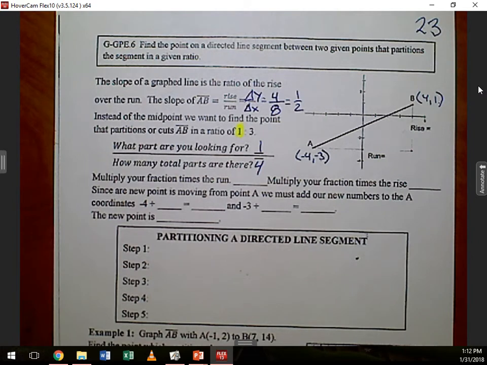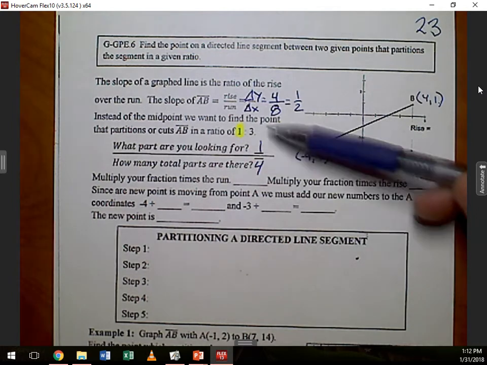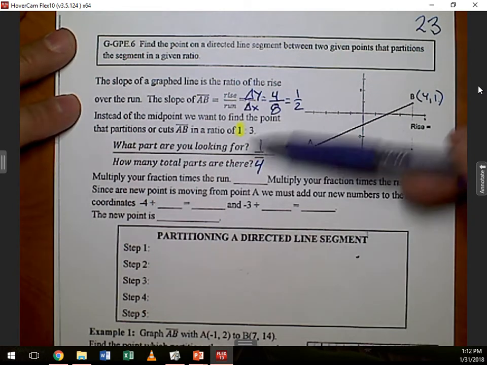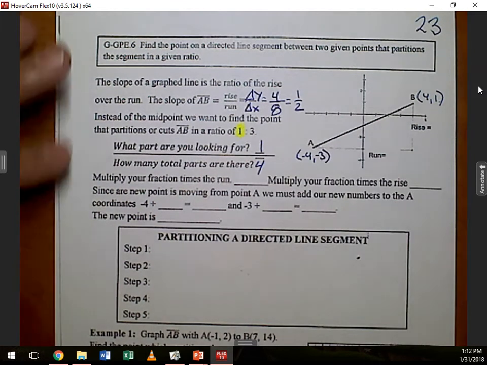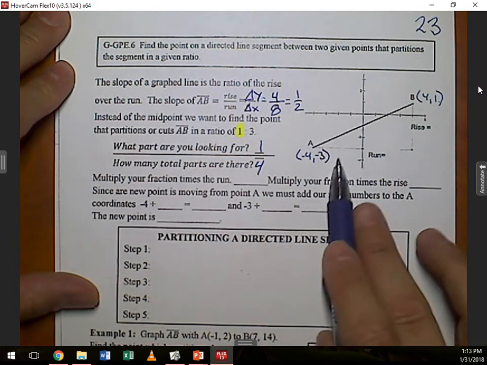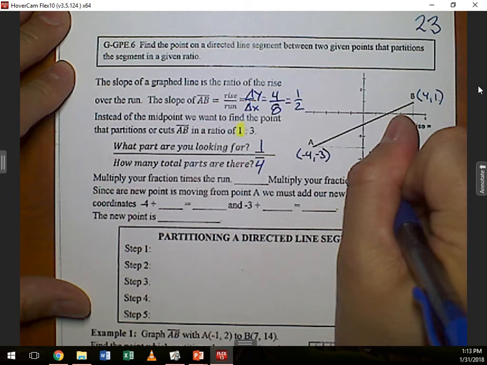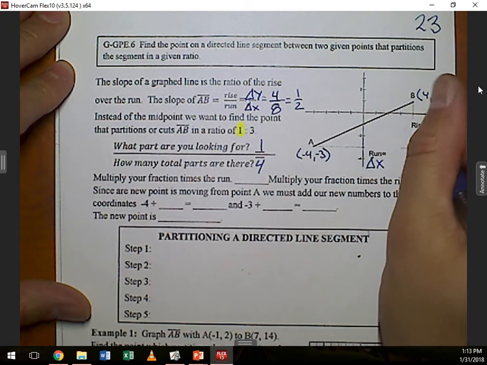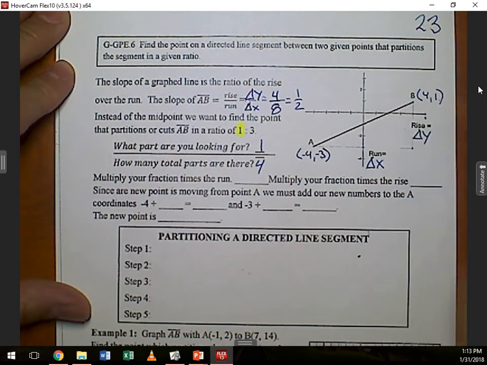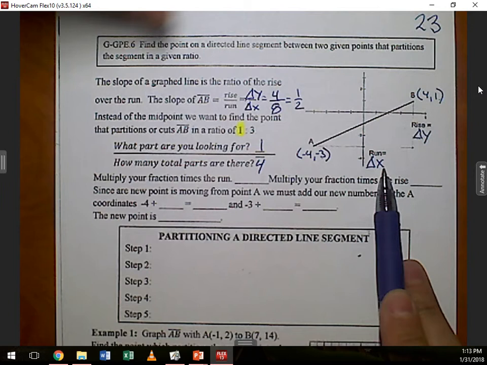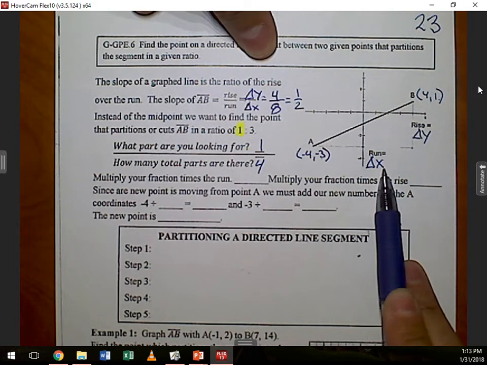Okay. So we have this one right here. And this is going to be what I'm looking for out of this. Now we're going to come over here, so we're going to fill out this. So run is the same as my delta x, and rise is my delta y. So my delta x was how much? 8. Very good.